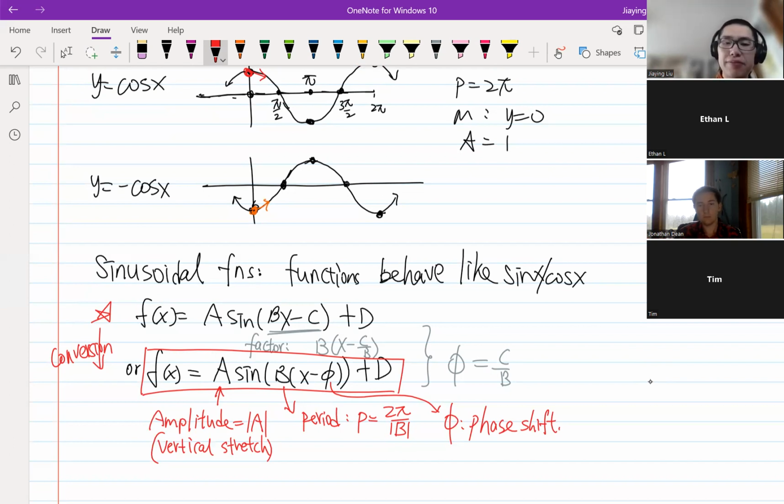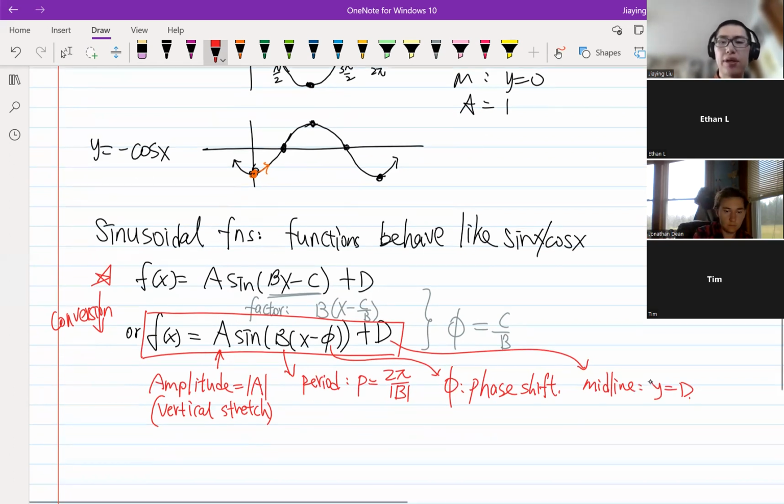And D is what the midline is. D is going to tell us the midline is y equals D. And if you think about transformations, D is really just shifting up or down. All right.